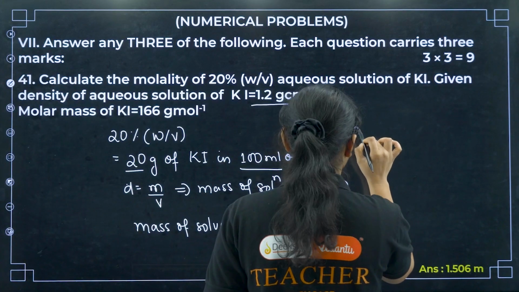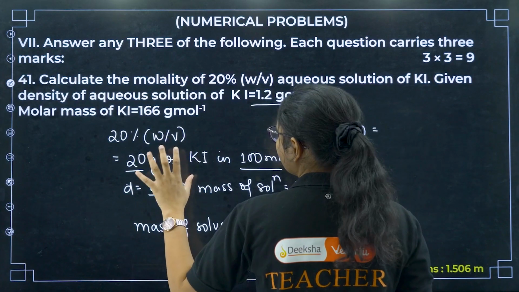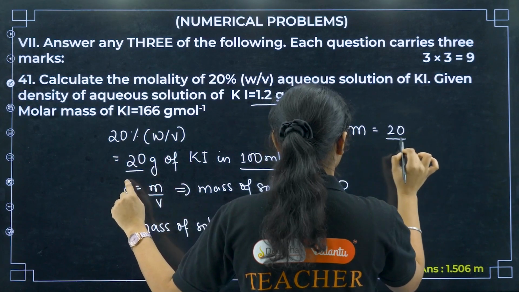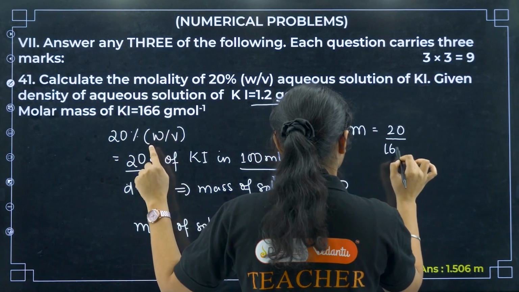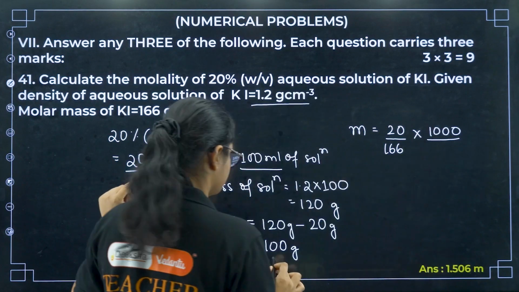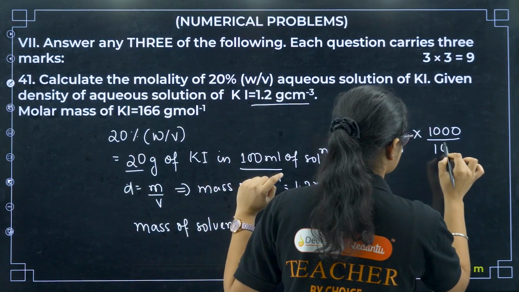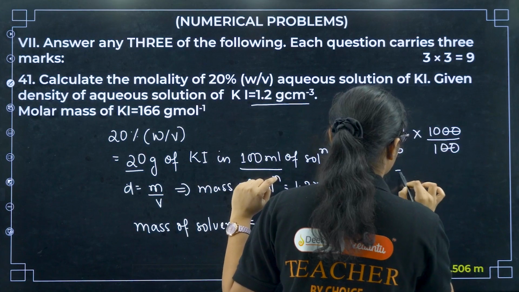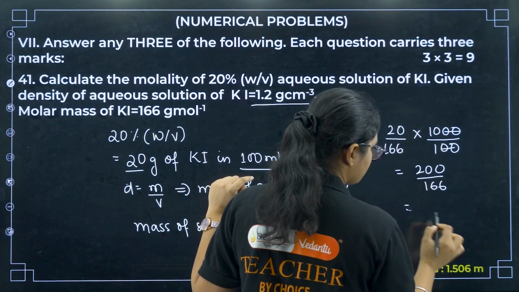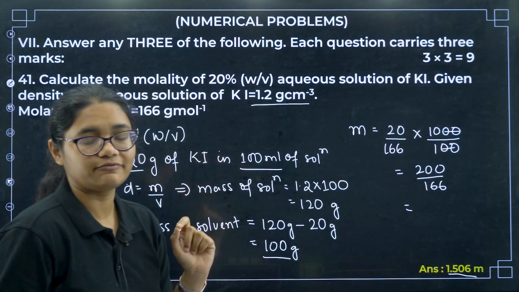So what is molality here? Number of moles of KI. Number of moles is what? Given mass by molar mass, okay, into 1000 by mass of the solvent is 100 grams. Okay, so that means 200 divided by 166, that will give you molality, which will account to 1.506.